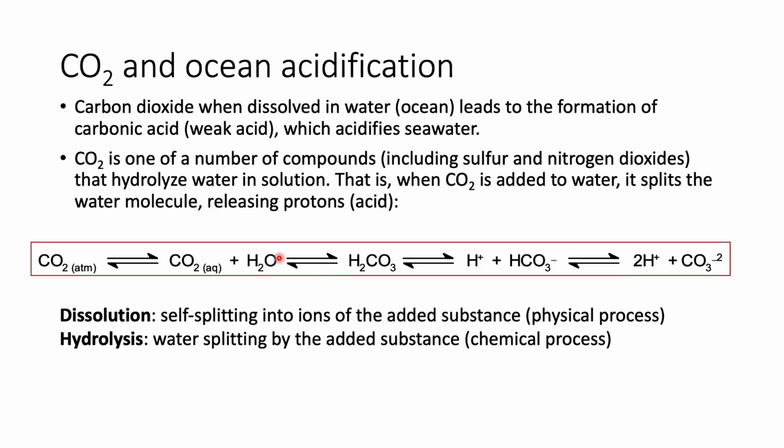So literally, H2O is split into 2 H+ ions and an O 2- ion. That O 2- ion is captured by carbon dioxide to give the carbonate anion. So in effect, what actually happens is water is split. It is a chemical process that happens when CO2 reacts with water.